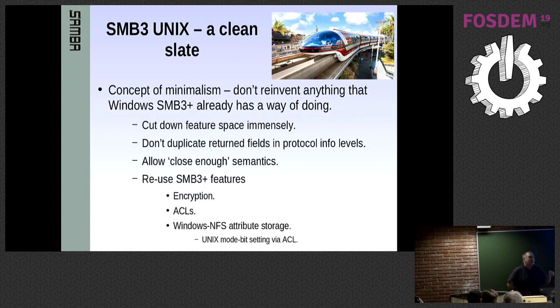Reuse the existing SMB3 features that Windows uses. So what does that mean? It means that we don't have to invent our own mechanisms for encryption. Windows already has ACLs, and they are, love them or hate them, and I certainly do hate them, the most widely deployed ACL mechanism on the planet. Everybody understands, okay, nobody understands Windows ACLs, but everybody uses Windows ACLs. That's probably the best way to put it.